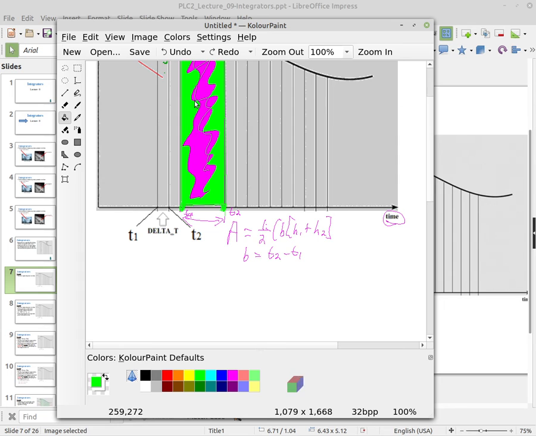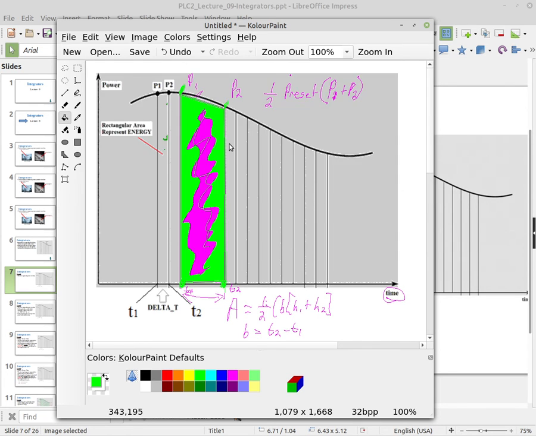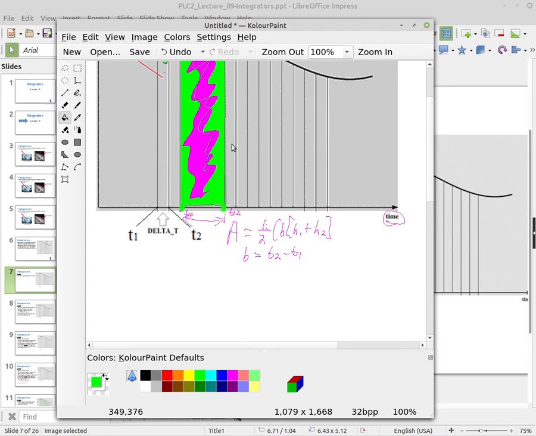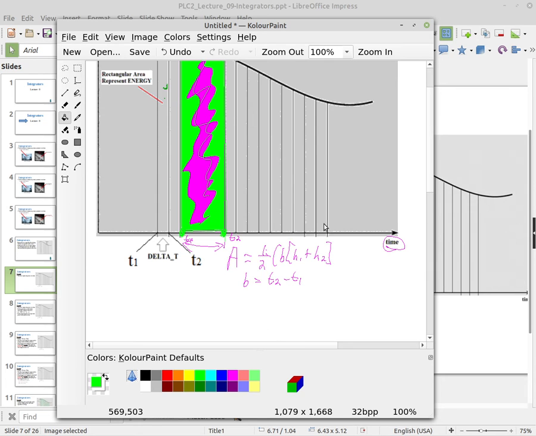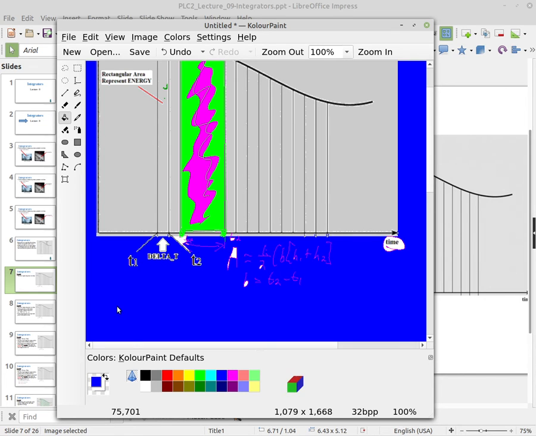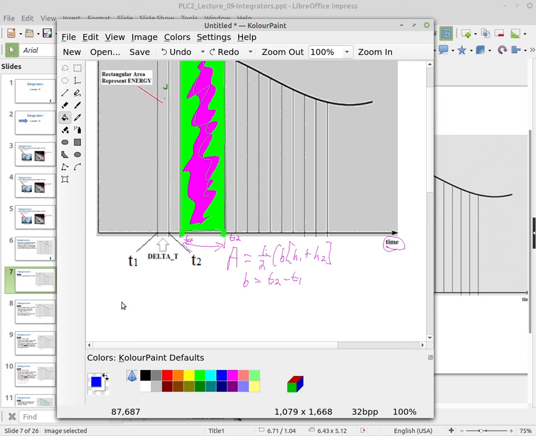Now the area for one trapezoid, my units is power times time. So the area for that would be the energy, right? We already said that energy is equal to the power times the time.